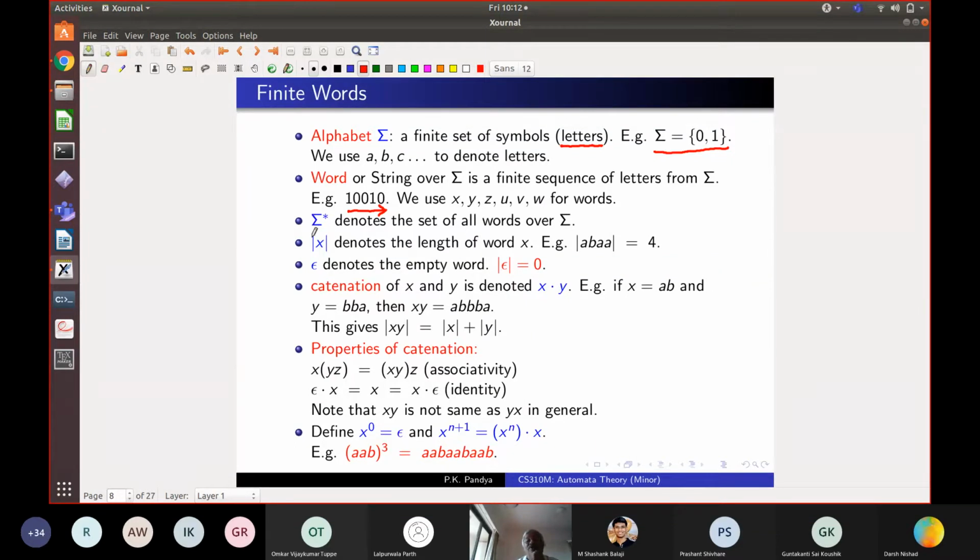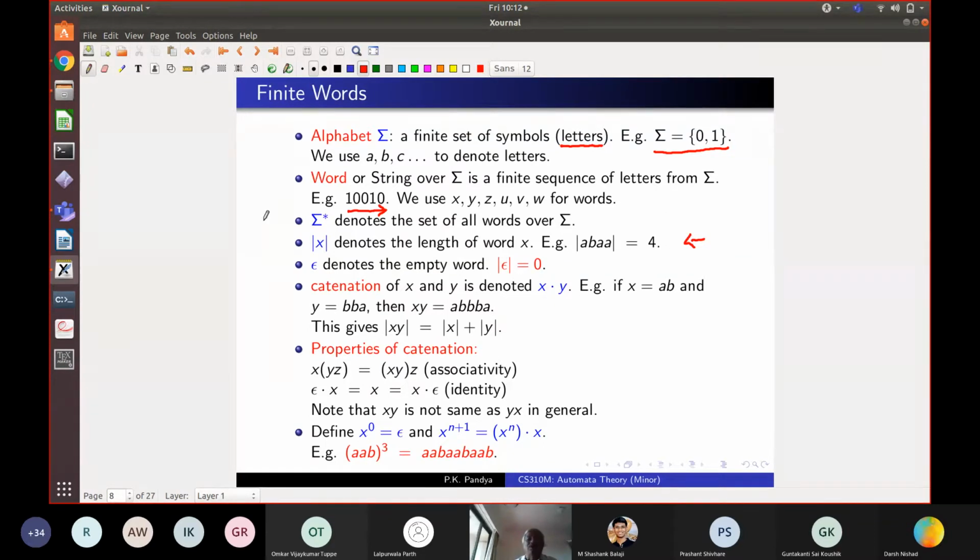Given a word X, this X between these double bars, the modulus of X, denotes the length of the word. So for example, if the word is ABAA, then the length of ABAA is 4. So I hope this notation is also clear. I'm introducing some basic notation about words to you, which will be useful.